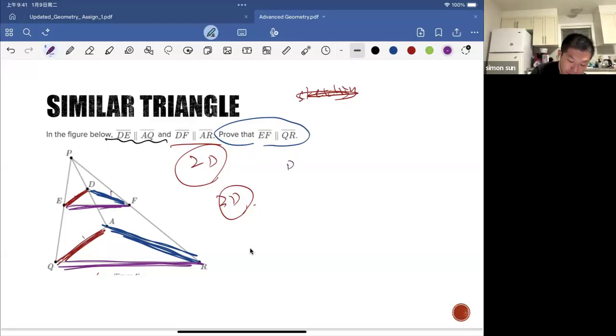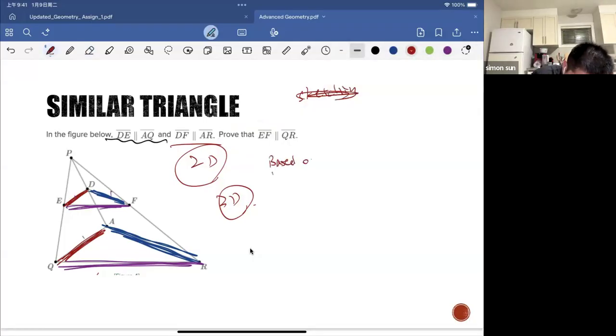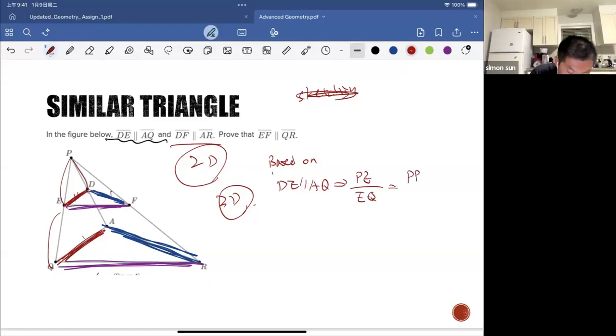Now look at here. Based on DE parallel to AQ, what do we have? PE over EQ should be equal to PD over DA, right?